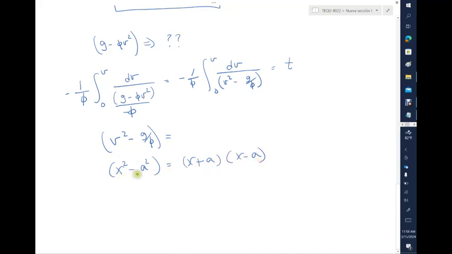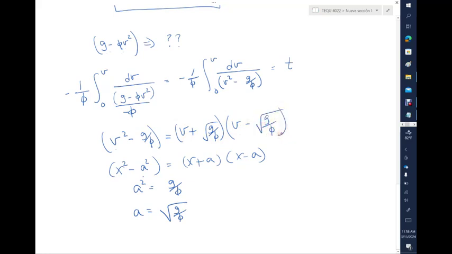If you compare these, the only thing you need to remember is that a squared is basically g over phi. That means that a is the square root of g over phi. If I do that, then this is the same as saying v plus the square root of g over phi times v minus the square root of g over phi, and we have factored this polynomial into these two parts.